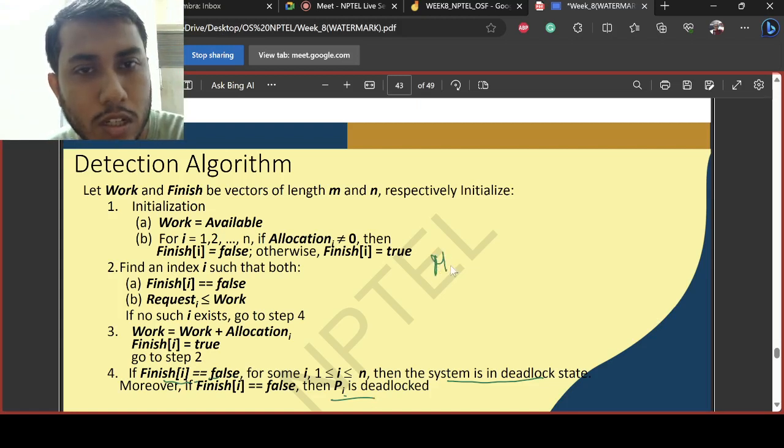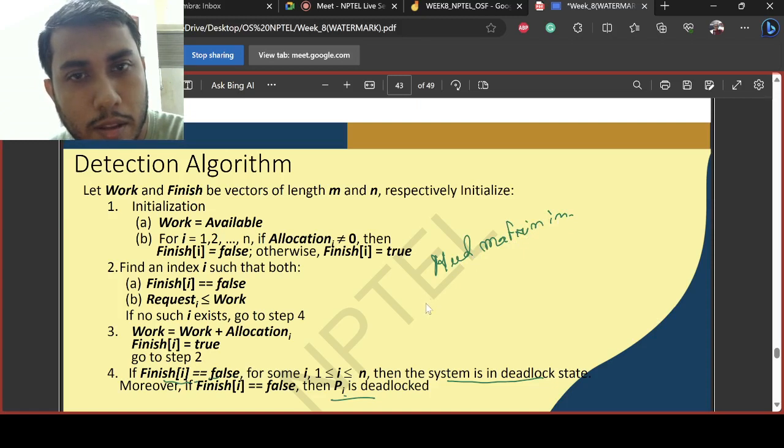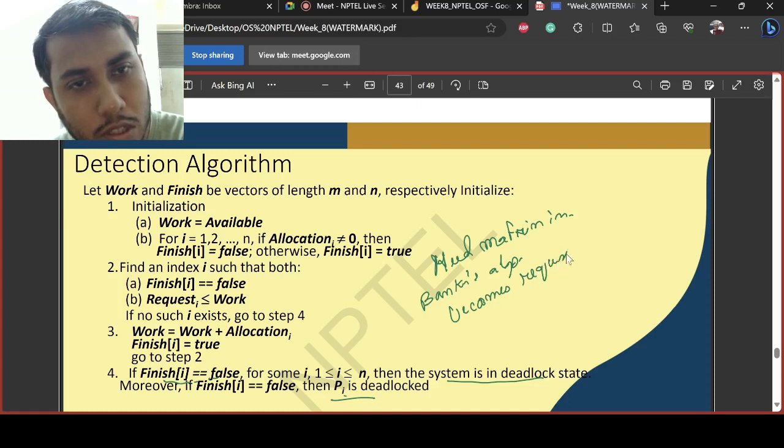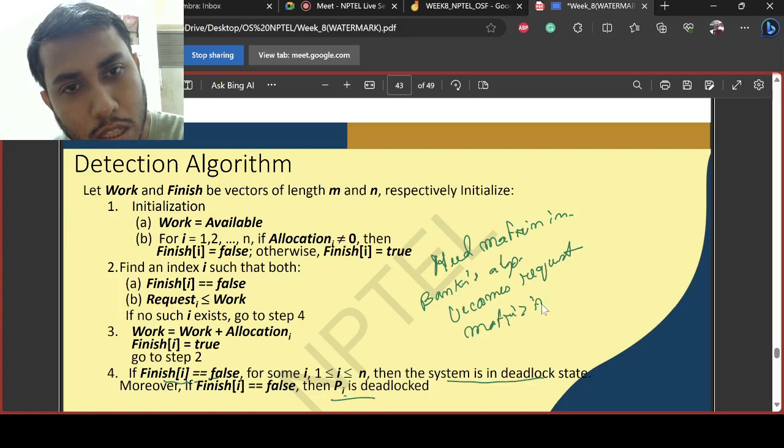So basically, your need matrix in Banker's algorithm becomes the request matrix in the detection algorithm.